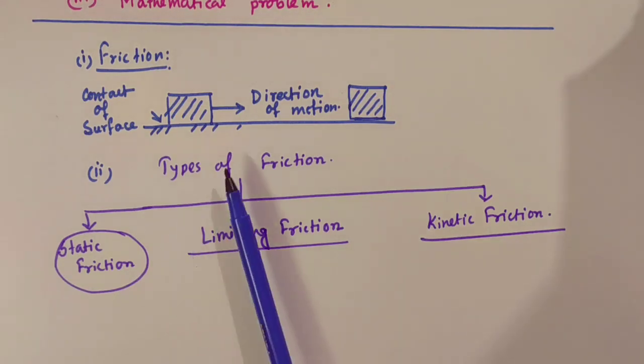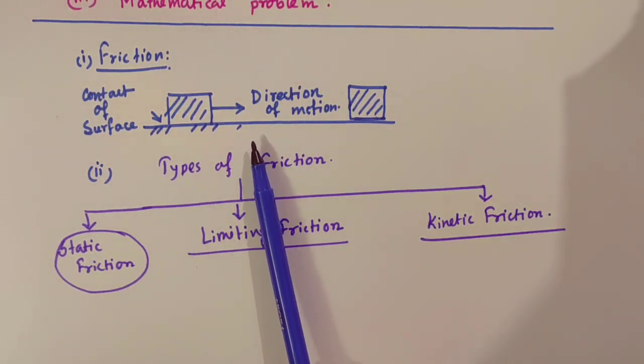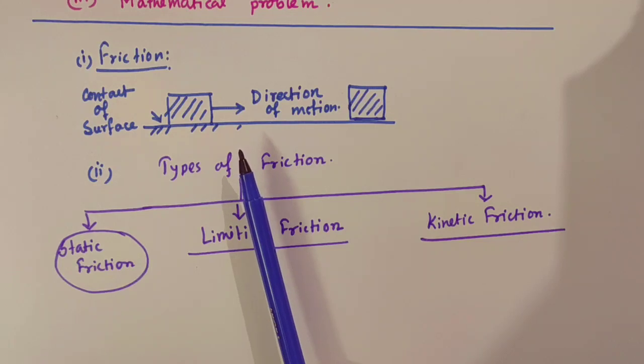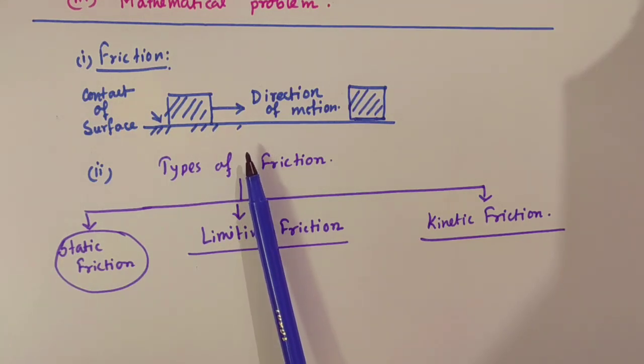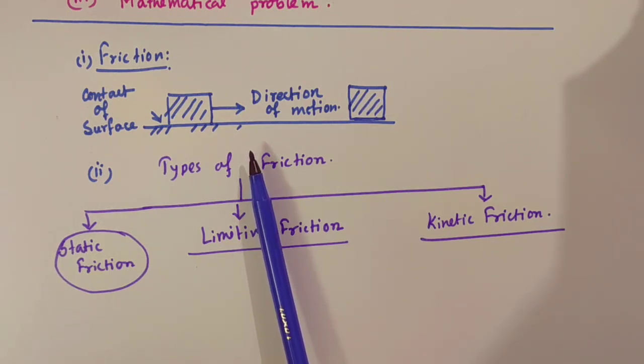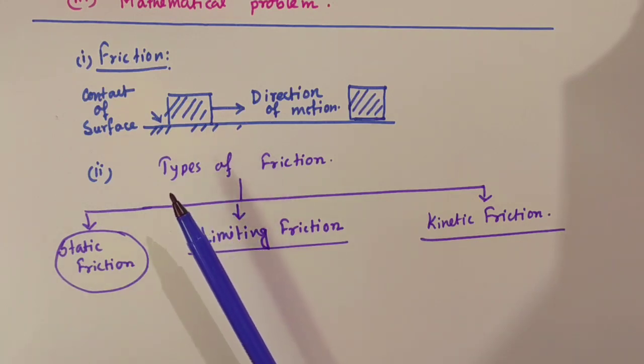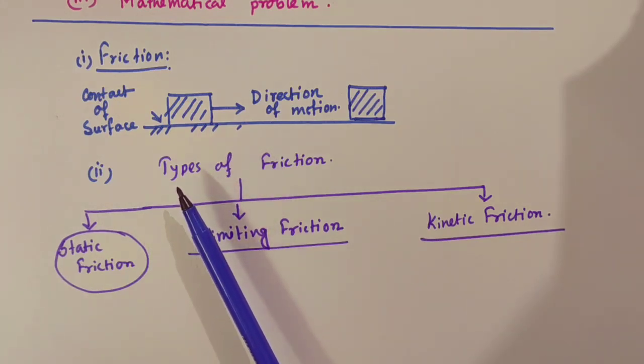So, as shown in this figure, the force of friction always acts tangential to the surface in contact and in a direction opposite to the relative motion of the body. Friction is the parallel component of contact force between two bodies in contact.